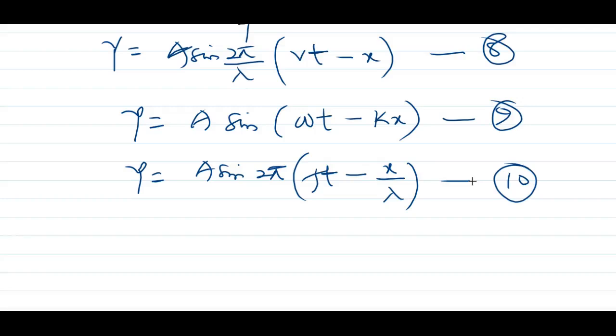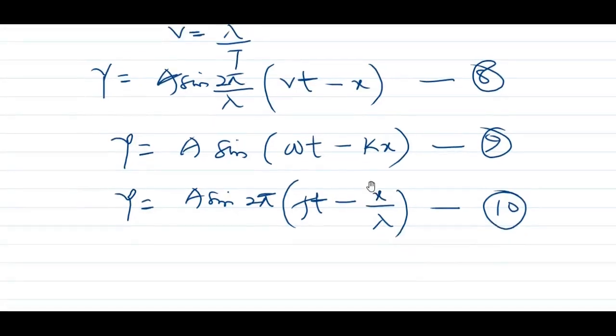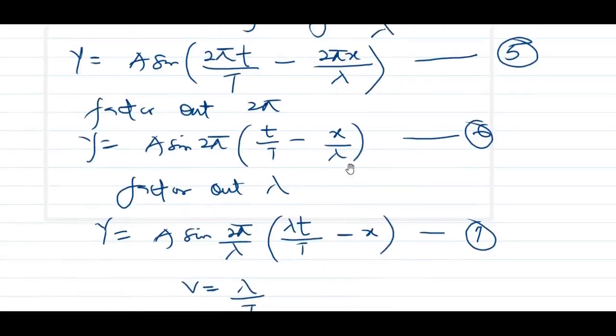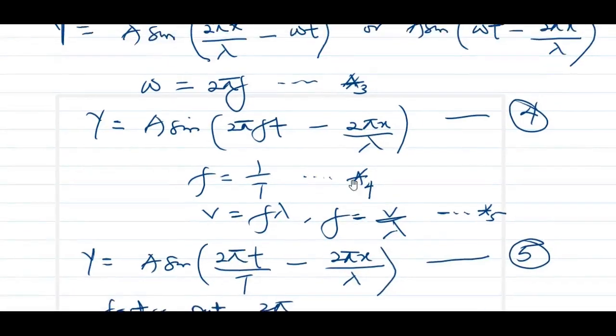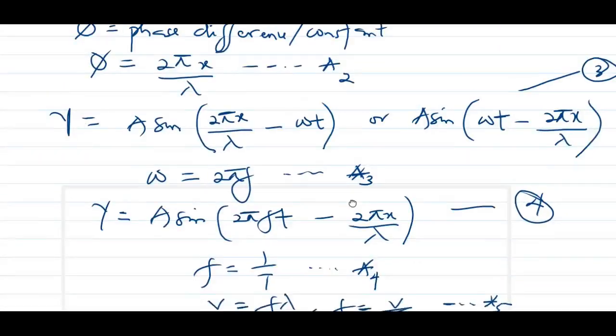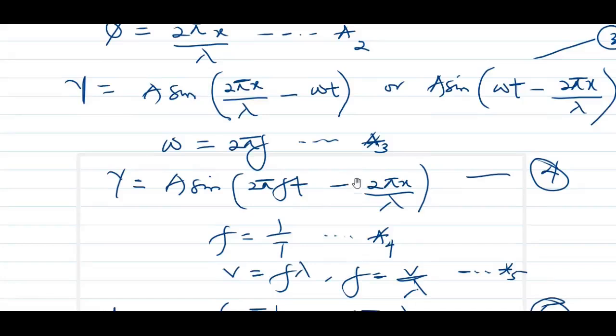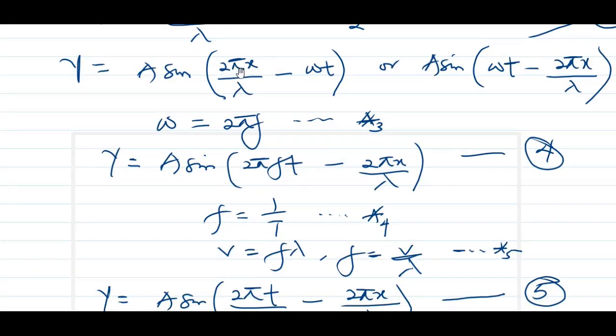So these are the possible combinations of equations that you can have to work with in progressive wave motion. Alright, and it's important to know that you can manipulate any of these as you want. So if you are given a question, and the equation given to you, for instance, is 2 pi x over lambda minus omega t, if this is what they give, you apply this.